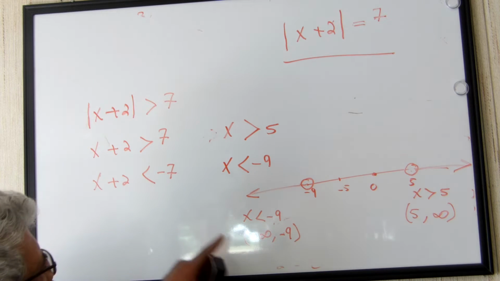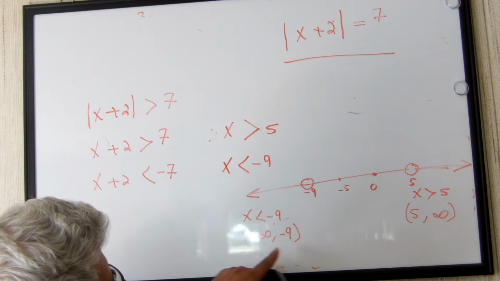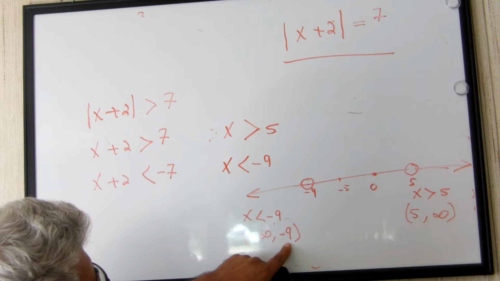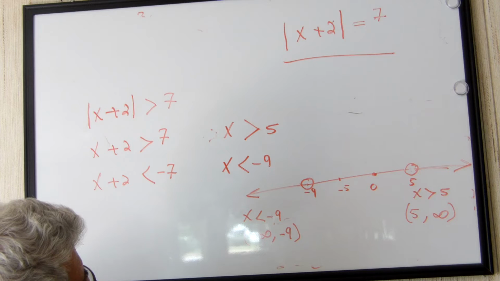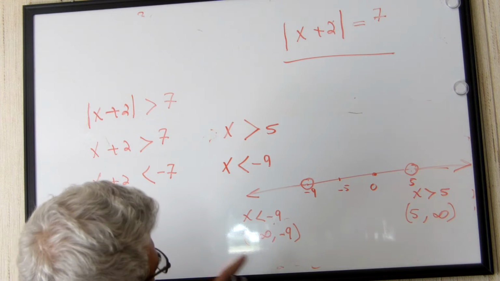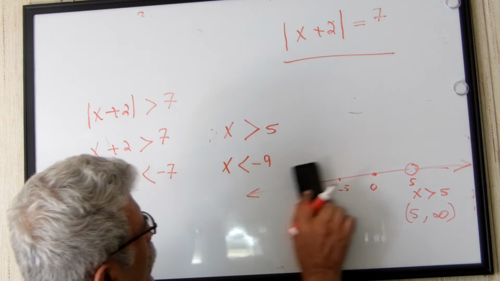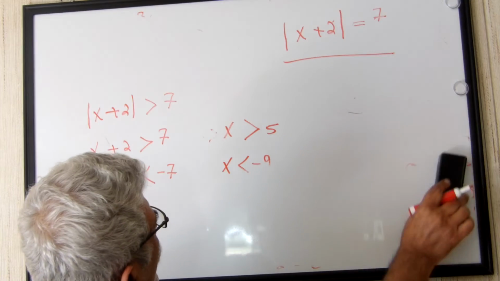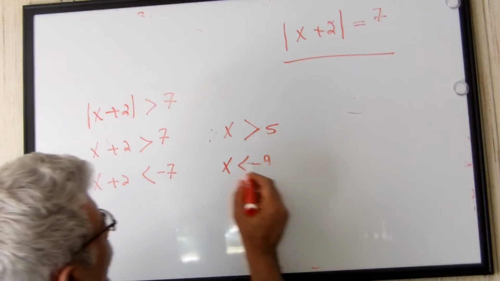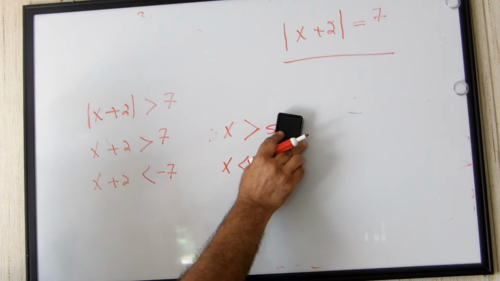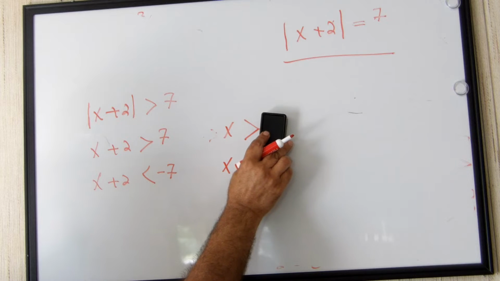If we go from minus infinity to minus 9, it does not include minus 9. We'll talk about those later.